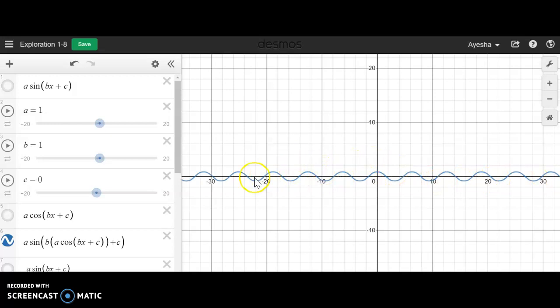When C is a negative value, the graph shifts towards the positive side of the axis. But when we increase it to positive values, it looks like it's moving to the left, meaning it's moving towards the negative side.